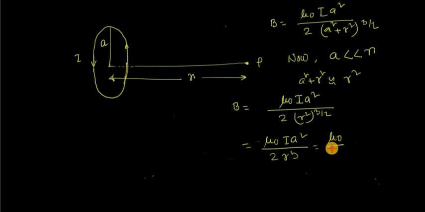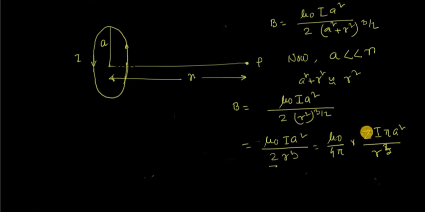One can write this as mu 0 by 4 pi into 2I pi A square by r cube. The 2 cancels and 4 pi remains, so we multiply numerator and denominator by 2 pi.